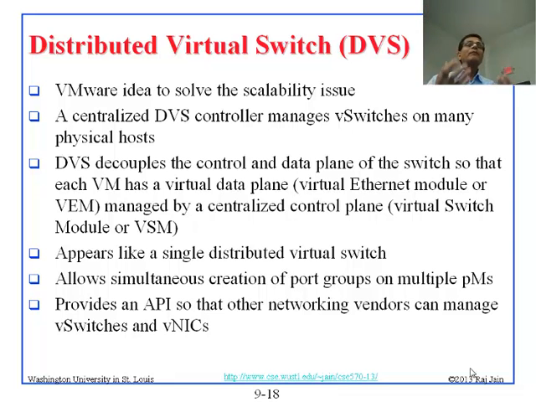They combined all their vSwitches into one virtual switch, which is called DVS. The virtual switch is distributed, some pieces in this machine, some pieces in that machine. Now we can control the whole environment, the whole cloud, by programming this one switch.